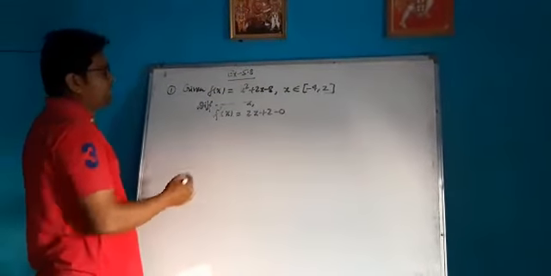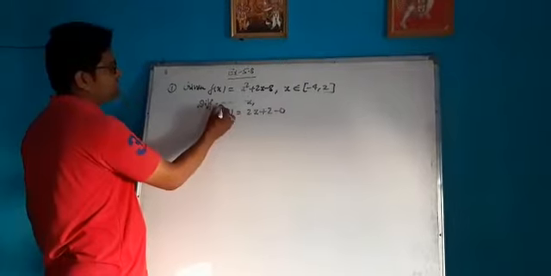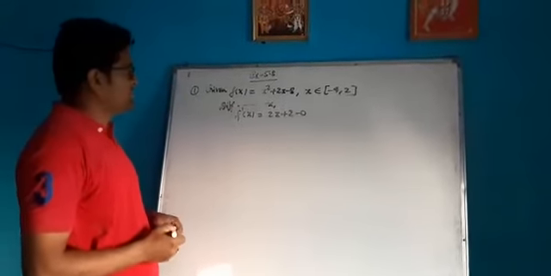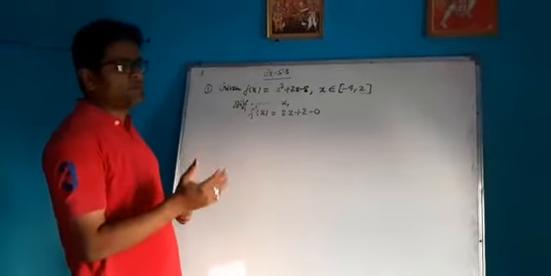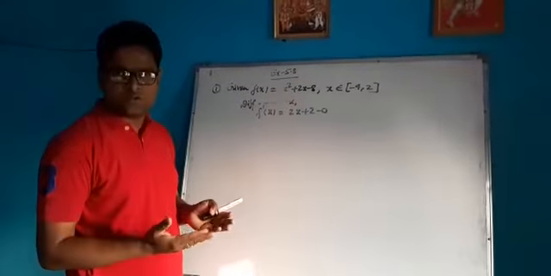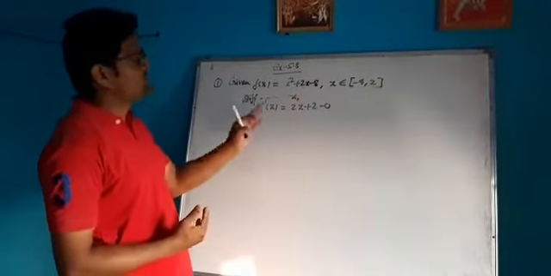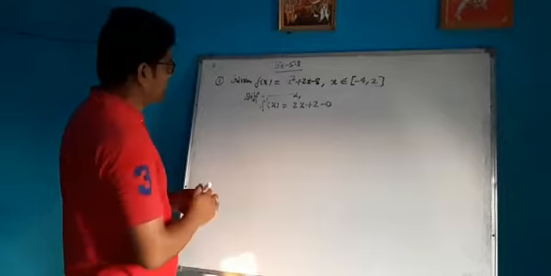Now see, as I have told you, we have to let that c is a point in the open interval minus 4 to 2 such that f dash c is equal to 0 to verify Rolle's theorem.